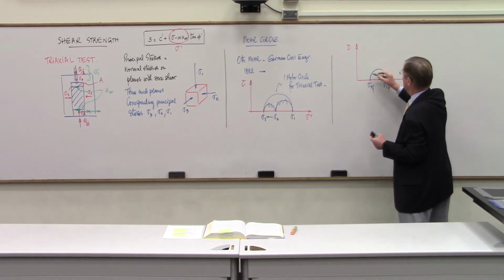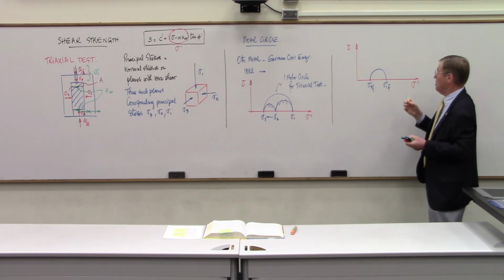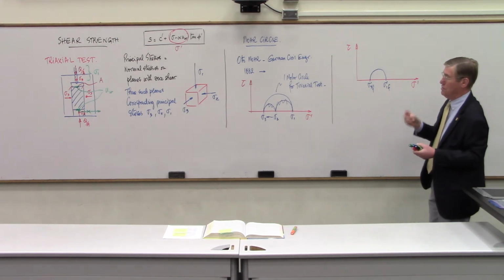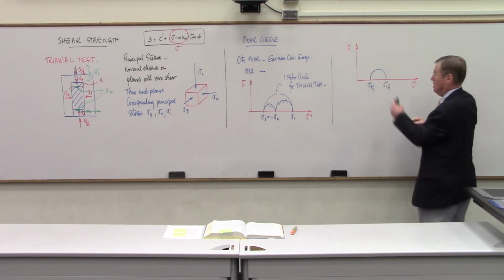But you say, well, okay, it's tangent. Is it this one? Is it this one? Is it this one? There are a lot of tangents to that circle. And that's why one circle is not enough. Typically, we'll have to do at least 2 triaxial tests to be able to define that failure envelope.